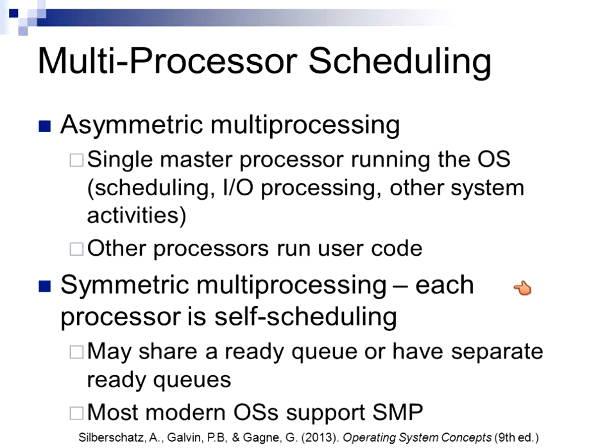Of course there are issues there because they're sharing this ready queue, and you want to make sure they don't corrupt it and everything is taken care of in the right order. Some systems actually have separate ready queues for each processor, each CPU. You can think about how this complicates the algorithms, whether they're sharing or have separate ready queues.